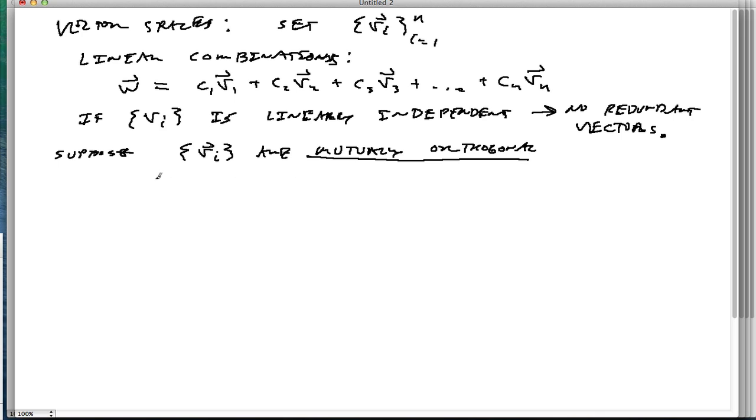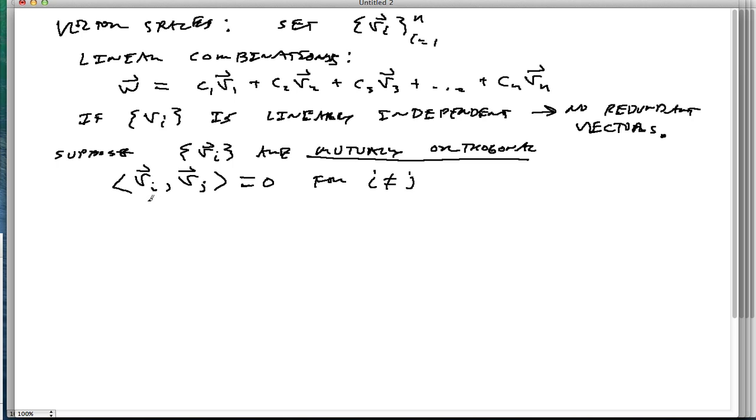So we'll call it an orthogonal set of vectors. That means that the inner product of vi, vj is always going to be 0 for i not equal to j.